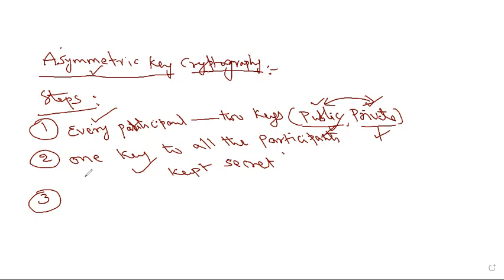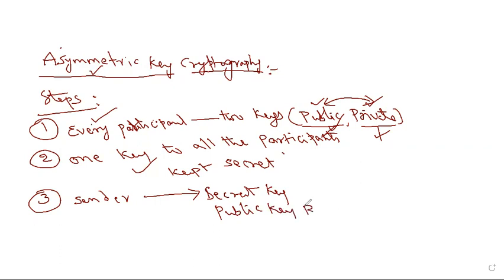In the third step, suppose any user wants to communicate with any other user. The first user is called the sender and the second user is called the receiver. The sender has two possibilities for using keys: he can use his own secret key, or the public key of the receiver, because the private key of the receiver is unknown to the sender.